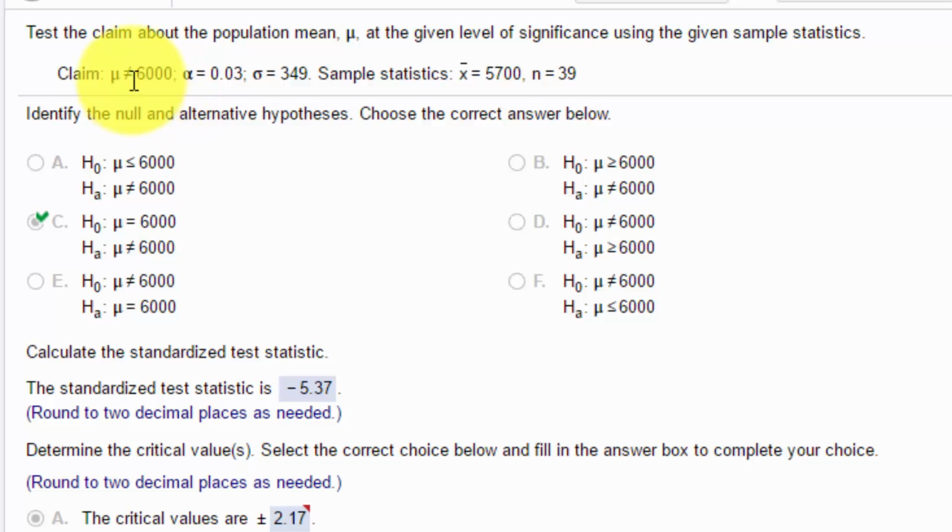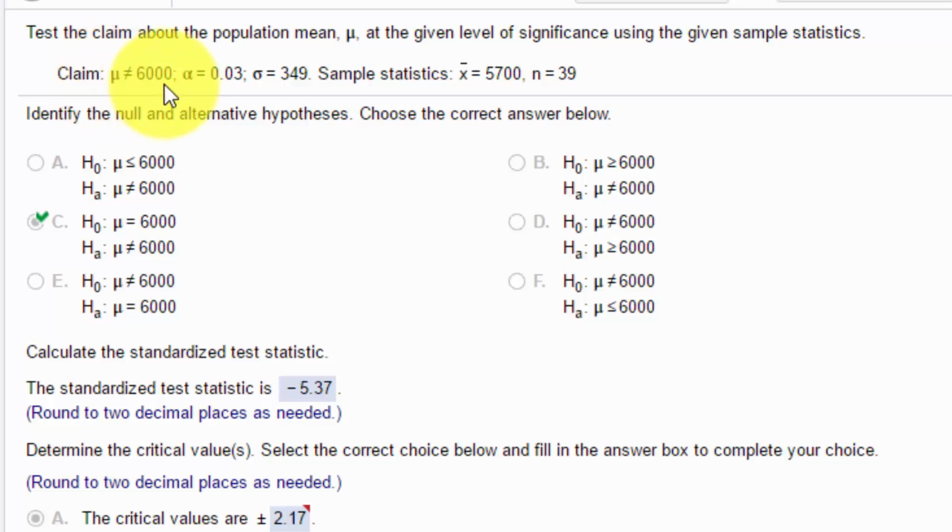It contains the not equal operator, and you must remember that the null hypothesis always contains a form of equality, and the alternative always contains operators that are forms of inequalities. Not equal is an inequality, less than symbol is an inequality, greater than symbol is an inequality.